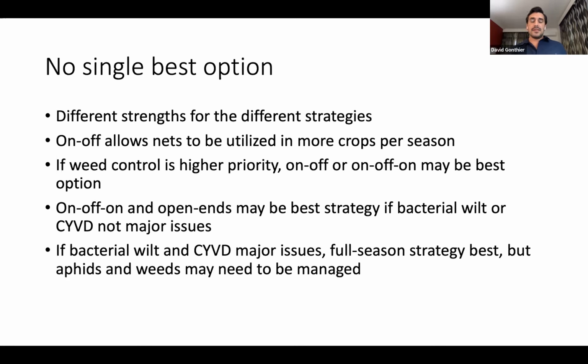So on-off is the most flexible if you need to utilize different kinds of equipment and need to get the hoops out of the field to do that. The open ends treatment might be best if you have high pest pressure but don't really have a lot of the pathogens. But if you have those pathogens, you may want to consider this full season strategy and try to purchase these bumblebees that may provide you the best protection from those pathogens.